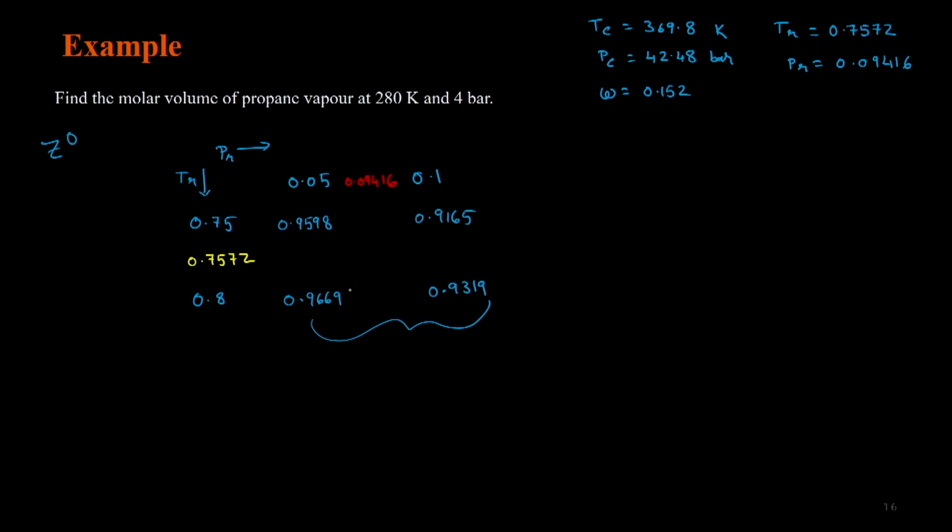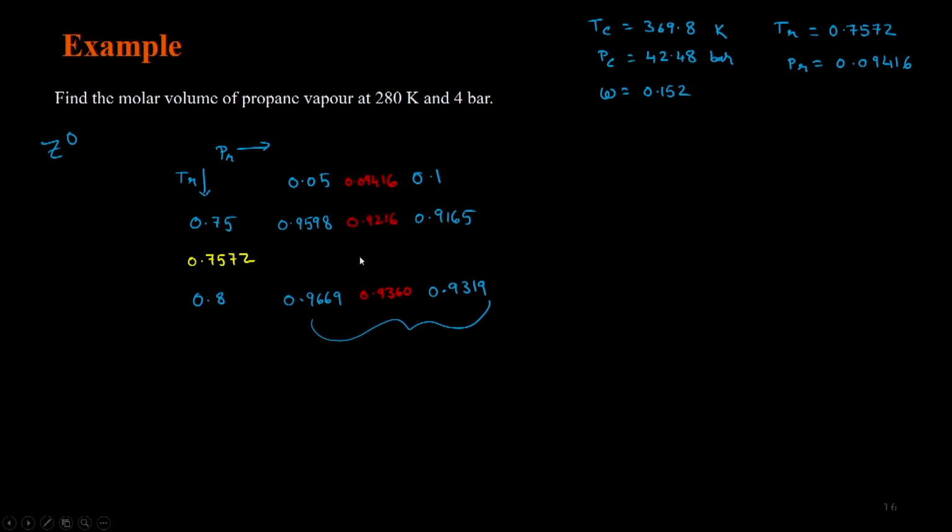TR is still 0.8, but at this PR, which means I just need to do a regular linear interpolation between these two values, and that gives me a value of 0.9360. Similarly, I will interpolate between these two values to get at a condition of 0.75 for TR and 0.09416 for PR. And if I do that linear interpolation between these two numbers, what I will get is 0.9216.